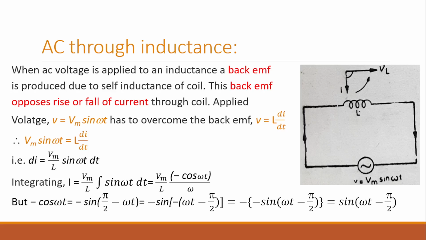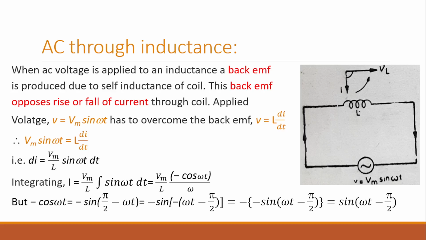So we can write Vm upon XL into sin(omega t minus pi by 2), where Vm upon XL is the maximum value of current, Im, when omega t minus pi by 2 is equal to pi by 2. So it is the maximum value of current, which is equal to Vm upon XL.